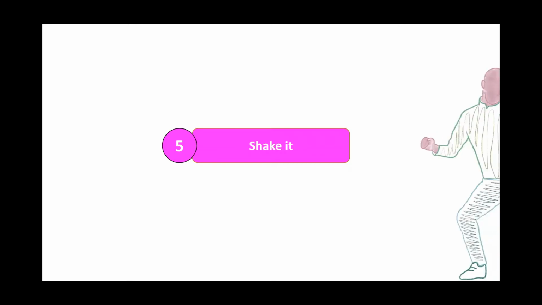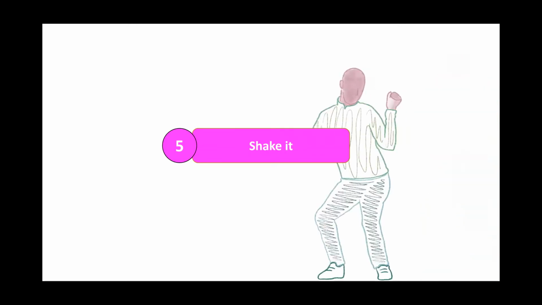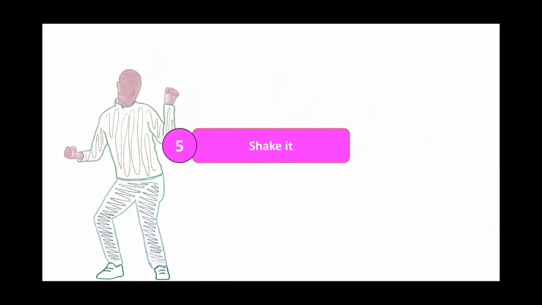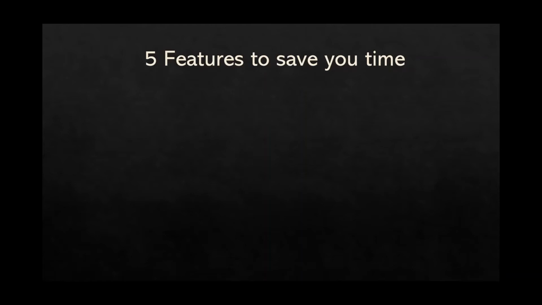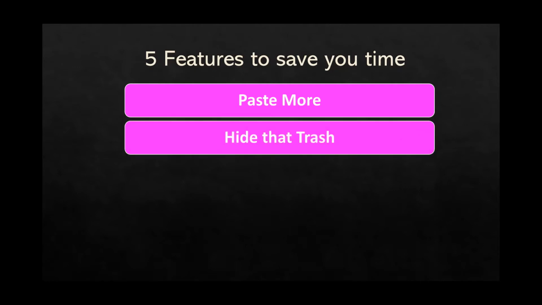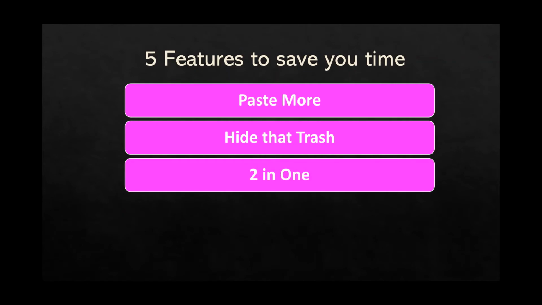All right. So we've done the 5th feature and the final feature of Shake It, and this is my favorite feature. Just to repeat the 5 features to save your time. The first one is Space More, which is the Windows V. The second one is Hide That Trash. You can create a new desktop for your personal, professional meetings, whatever. You can do 2 in 1. You can split your screen with Windows right and Windows left, and do your stuff there.